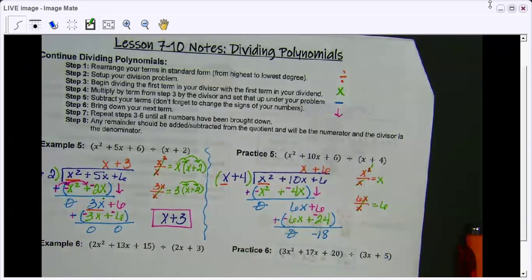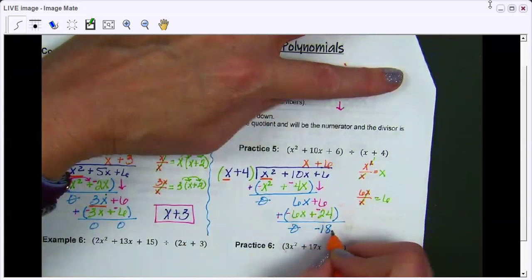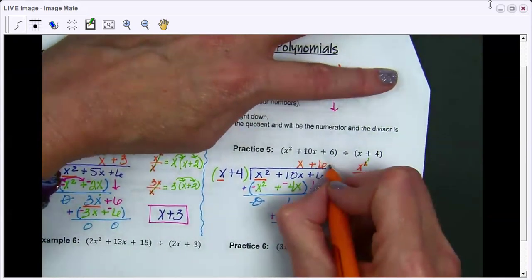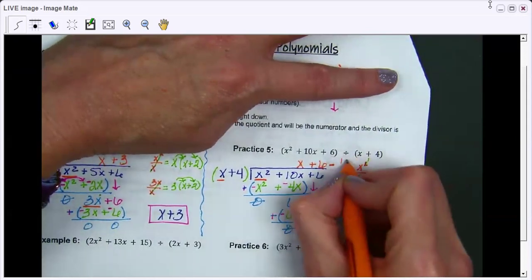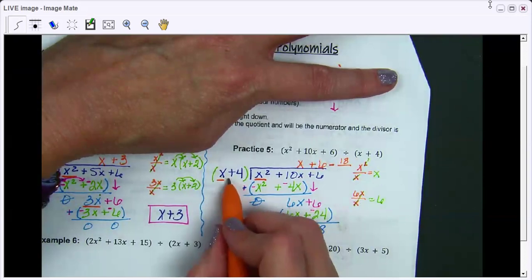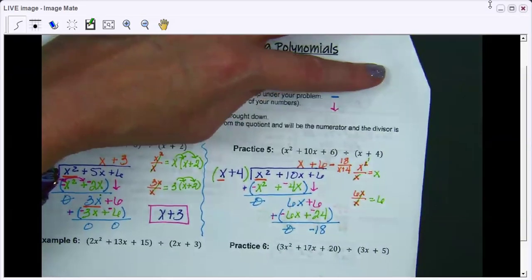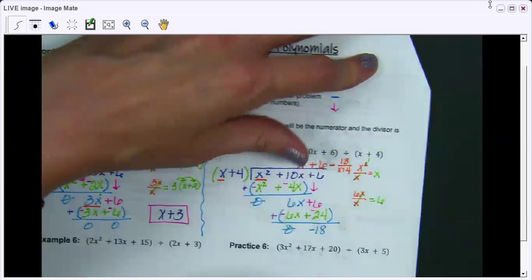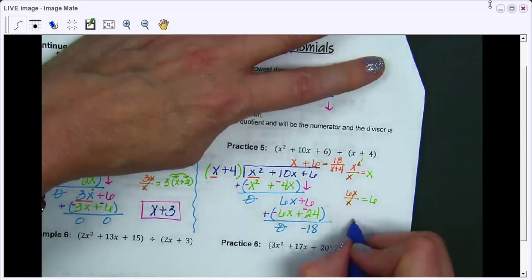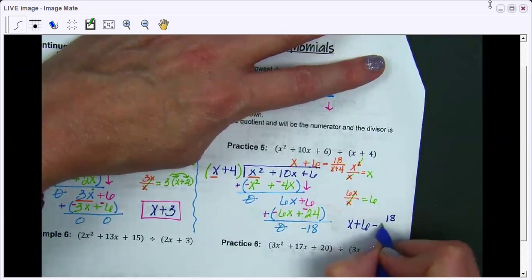You're going to add it as a remainder, but in polynomials, you write it like this. You have a negative 18 as your answer, so you write minus, because it's a negative, 18 over your divisor, x plus 4. So the final answer is x plus 6 minus 18 over x plus 4.